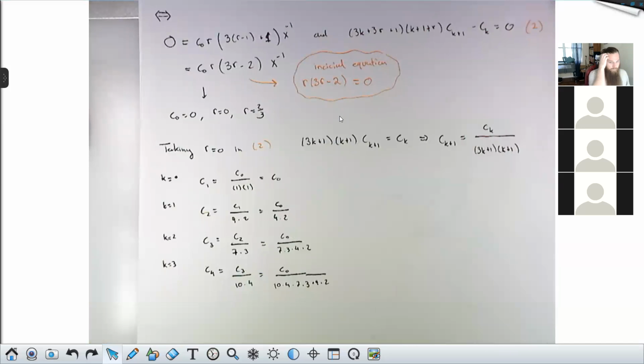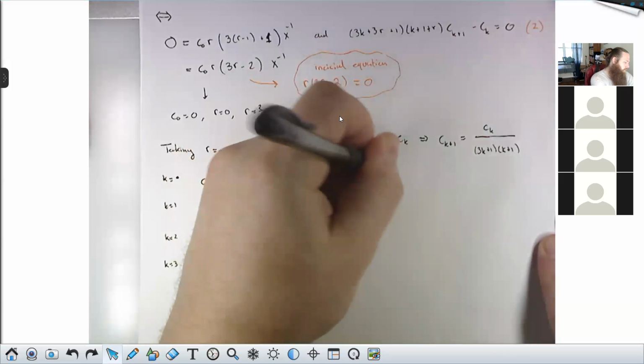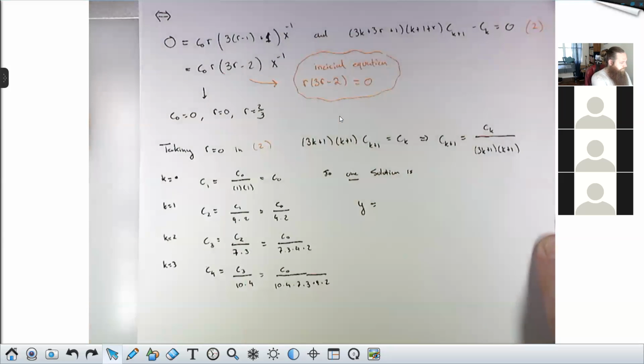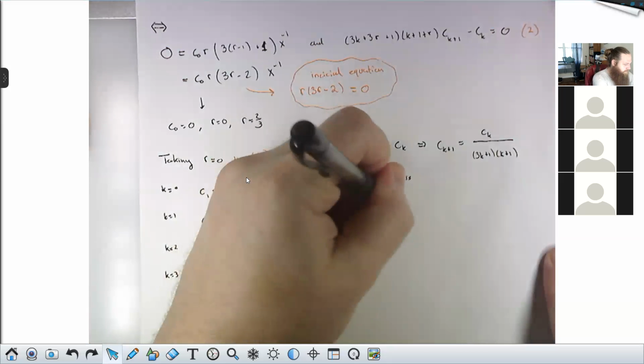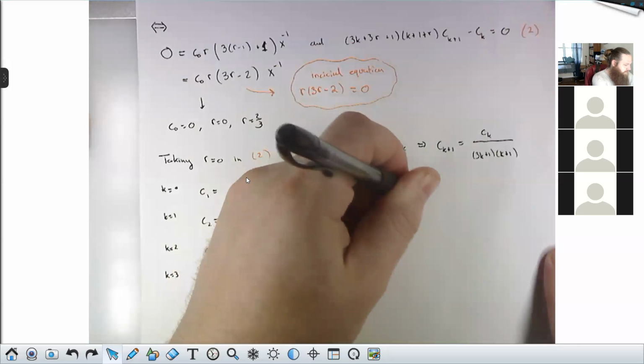So here you get the first few terms of your one solution, right? I could write down now one of the solutions. I remember the form we're assuming the solution to be isn't sigma Cn x to the n, it's sigma Cn x to the n plus r. But here r is 0. So let me write it like this: sigma n from 0 to infinity Cn x to the n plus r.